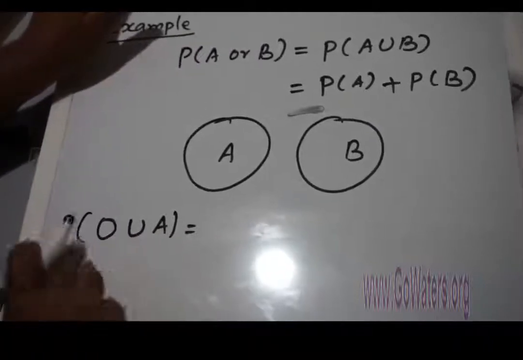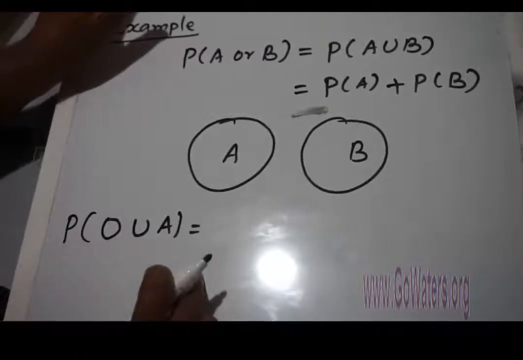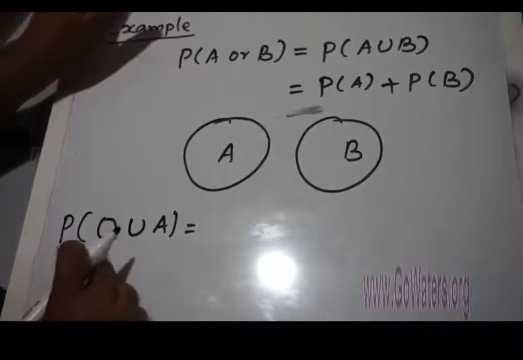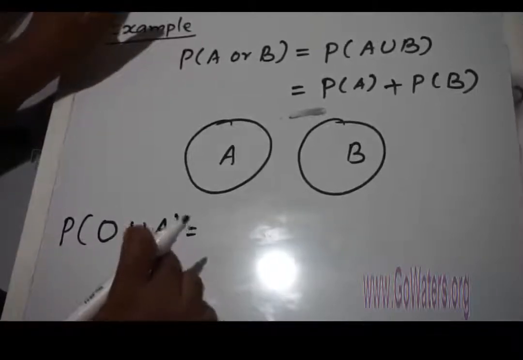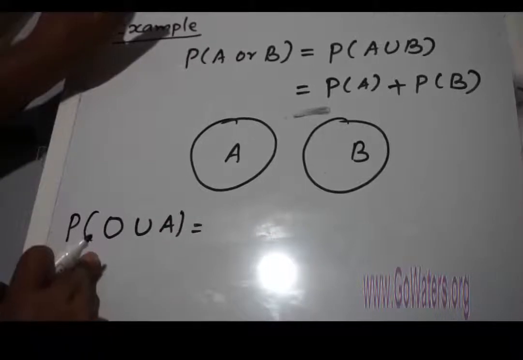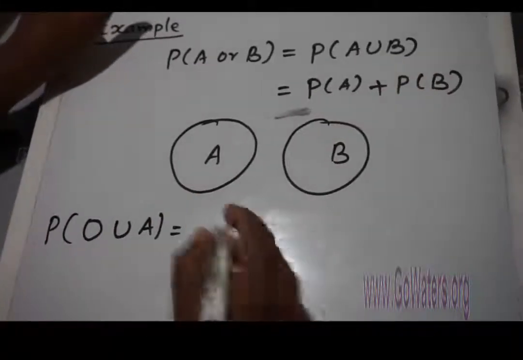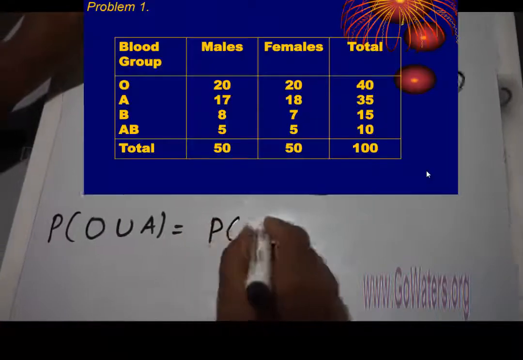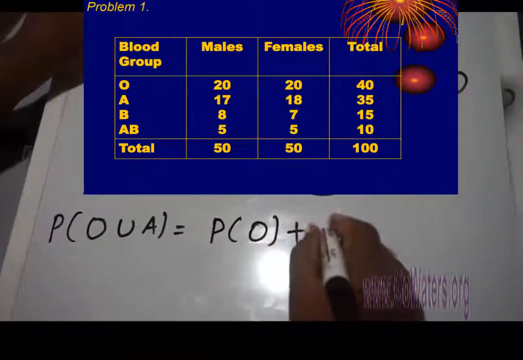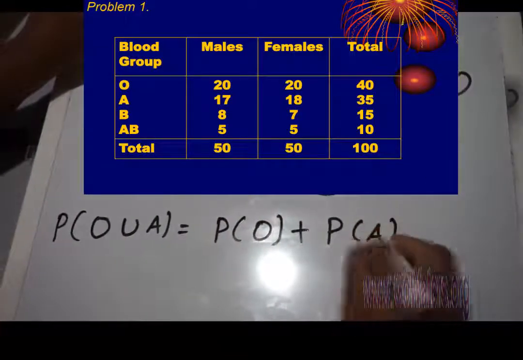They can have either O or A. If O is there, A cannot be there. If A is there, O cannot be there. So they are mutually exclusive. That's why we use this formula here. This is simply probability of O plus probability of A.